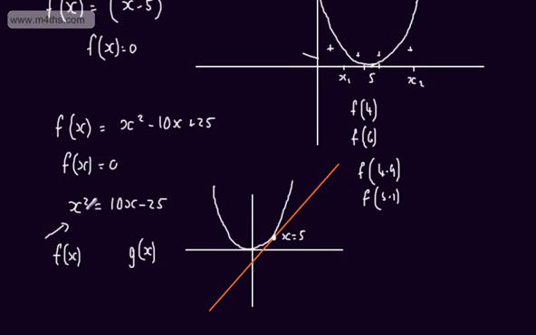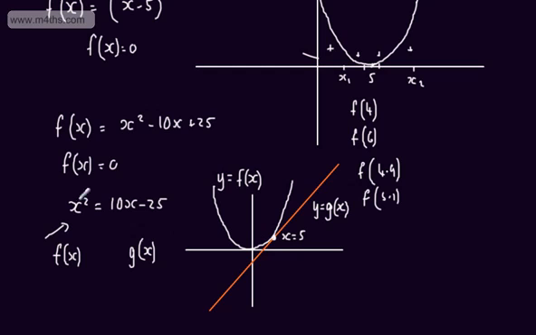So what I've done here is split it up and drawn x squared. This is the function f of x, so y is equal to f of x. And this one is y is equal to g of x. So g of x is 10x minus 25, which is a straight line, and f of x is x squared, which is a parabola.